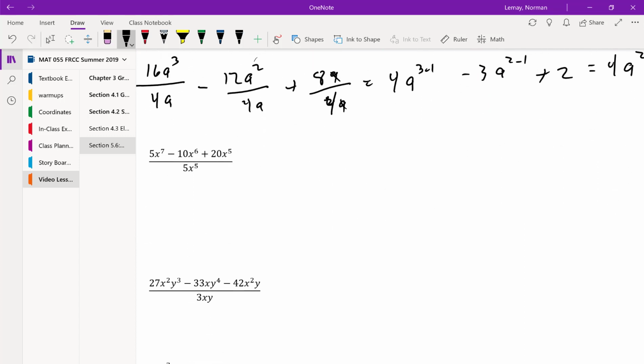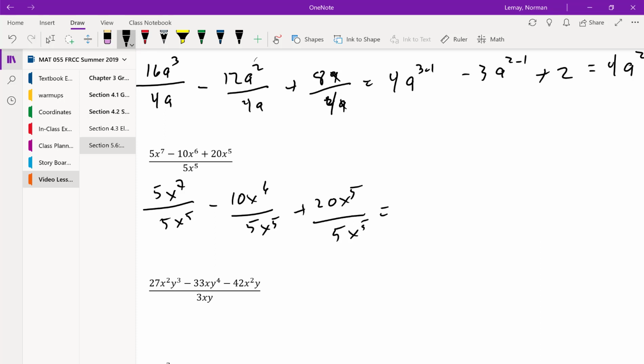So let's take a look at this one. So here and here, we're just going to do the arithmetic in our head. So here we get 5x to the 7th over 5x to the 5th minus 10x to the 6th over 5x to the 5th plus 20x to the 5th over 5x to the 5th. So again, notice here that the 5's cancel out.